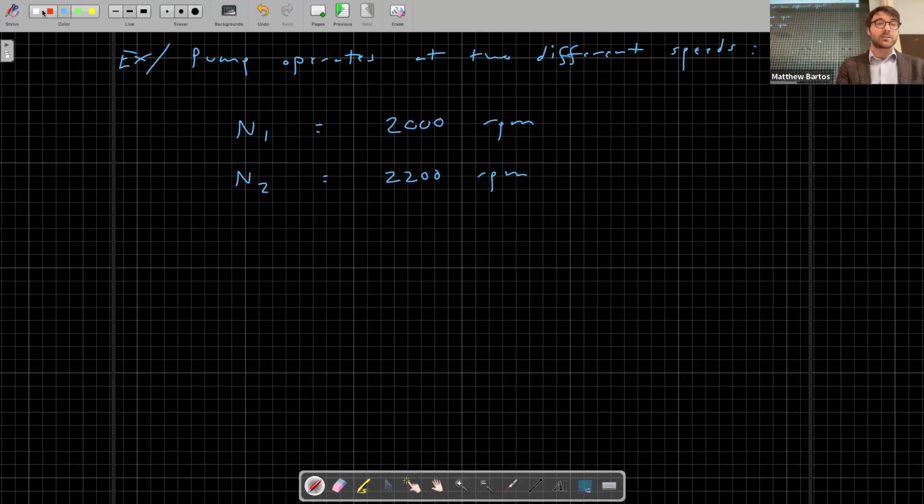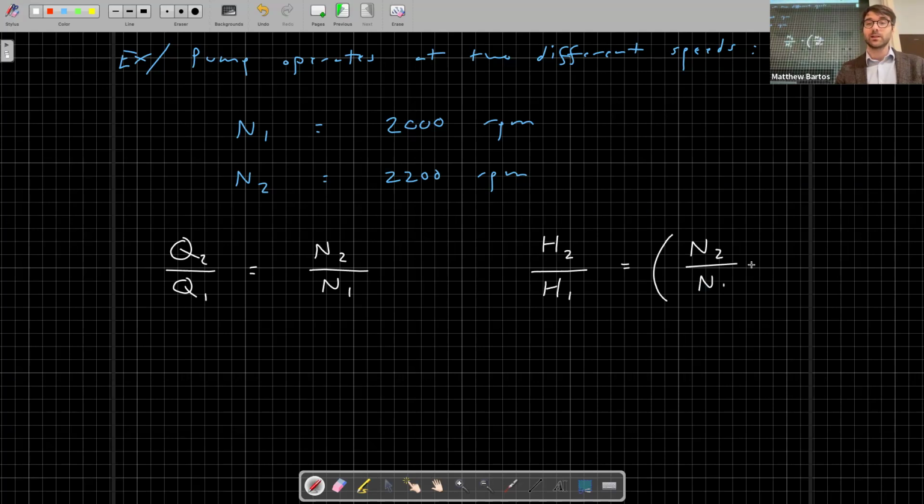So from our affinity laws, we know that the ratio of Q2 to Q1 is equal to N2 divided by N1, and the ratio of the heads, H2 to H1, is equal to the square of N2 divided by N1.